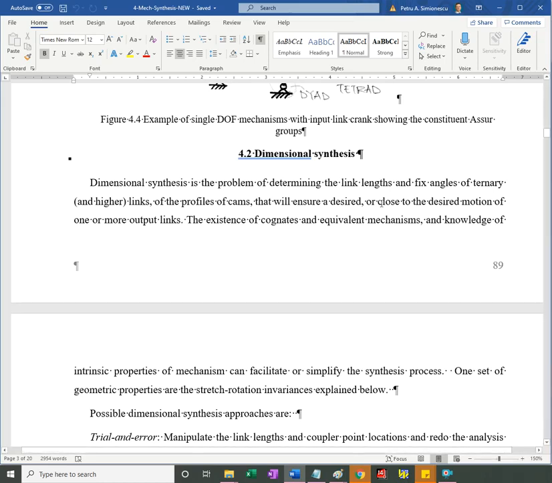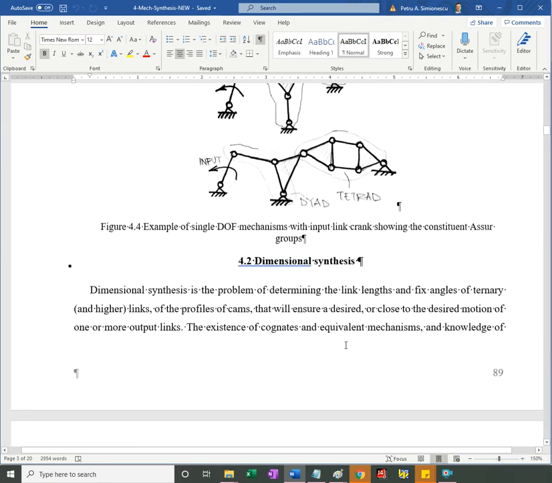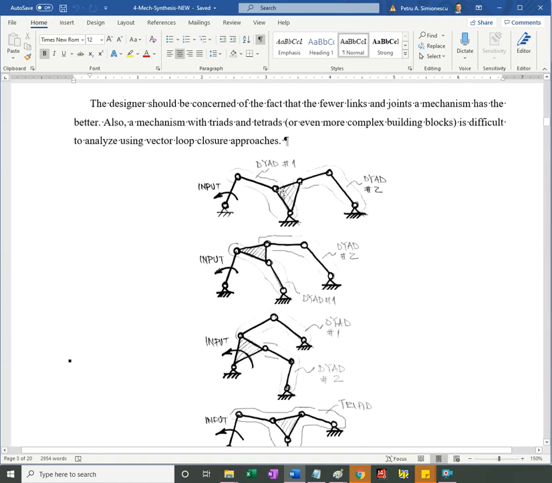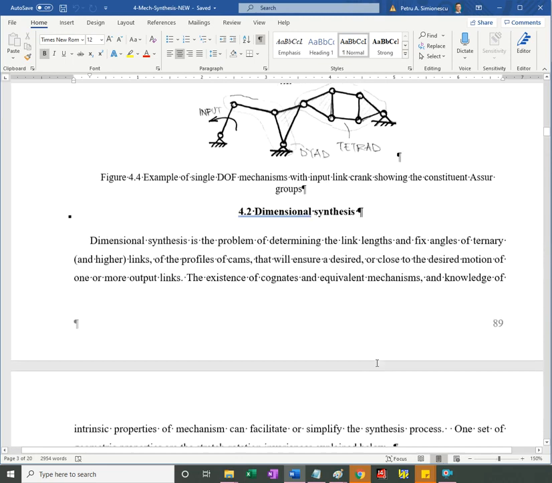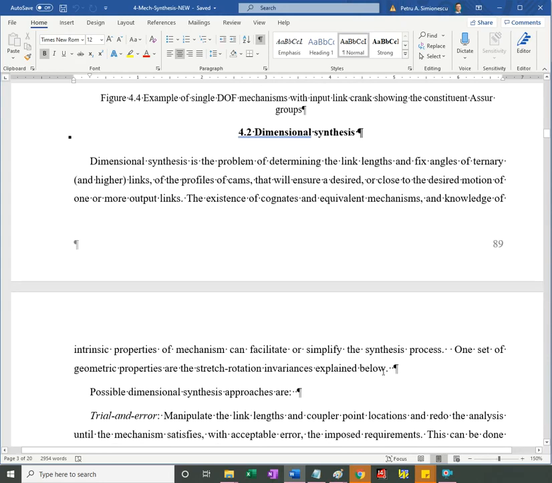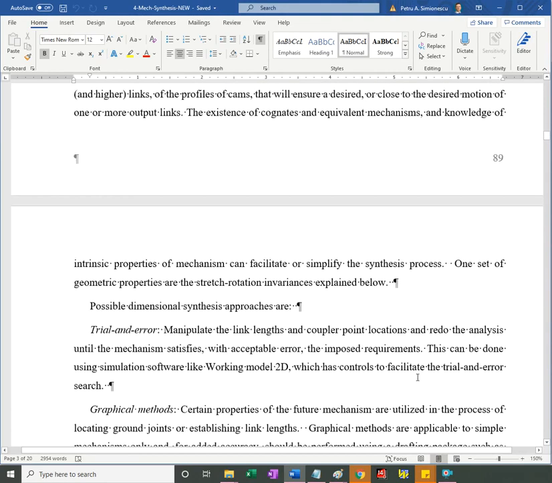We want to find link lengths and possibly fixed angles of links, like here, how big this angle should be, this angle, and in order to achieve the desired motion. And we learn about cognates and equivalent mechanisms, and knowing that they exist, it's useful.